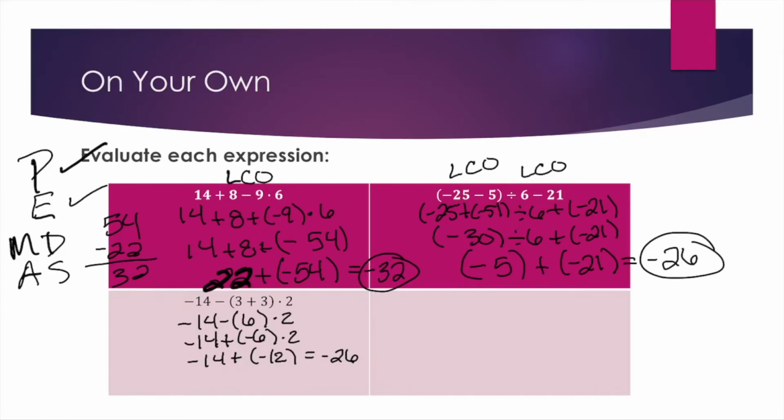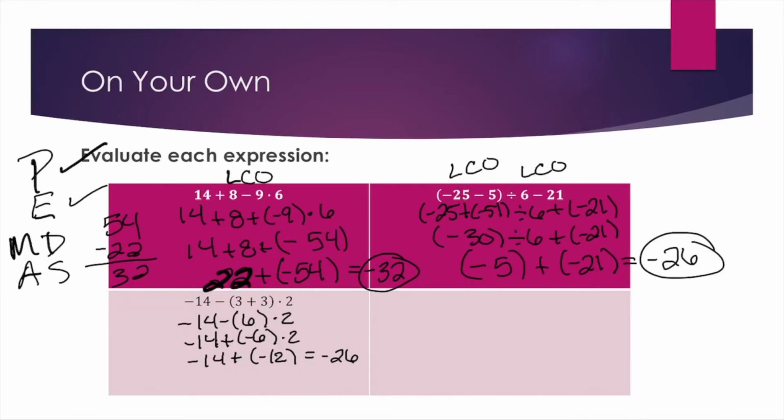Let's start by looking at 14 plus 8 minus 9 times 6. Well, here I LCO first, and so it changes to 14 plus 8 plus -9 times 6. There are no expressions inside parentheses, and there are no expressions using exponents. So I'm left with multiplication or division. I multiply -9 times 6, which is -54.